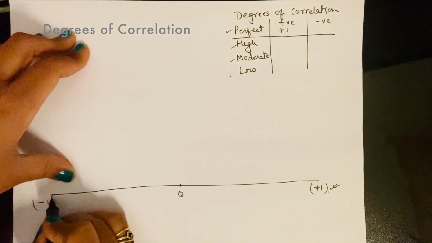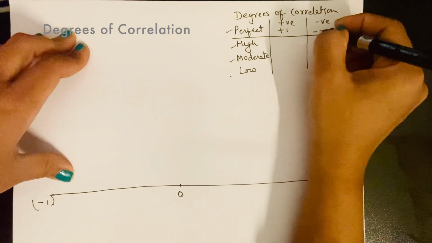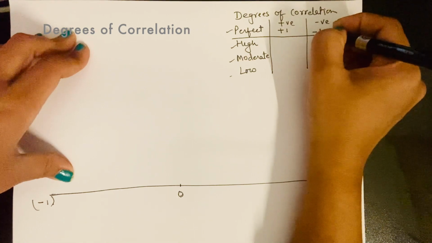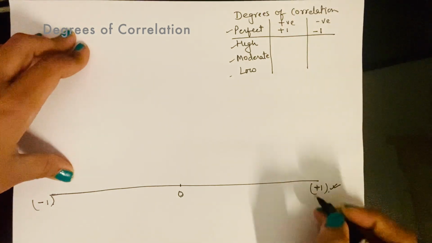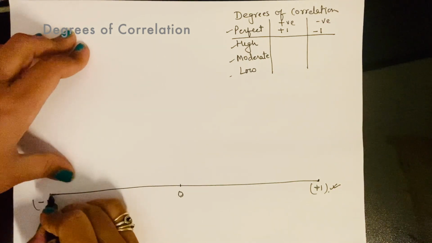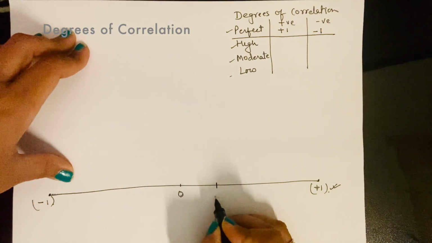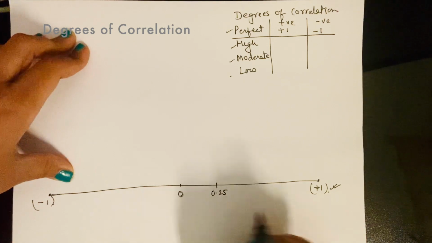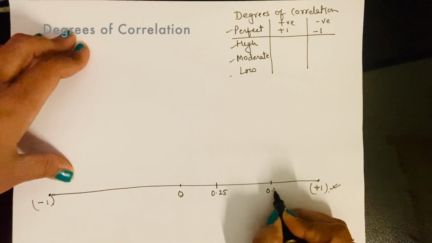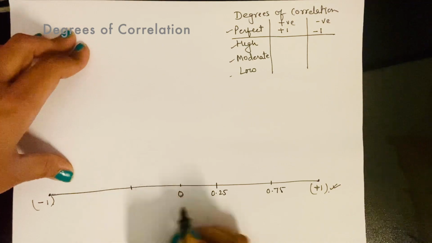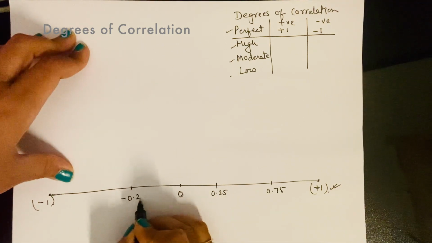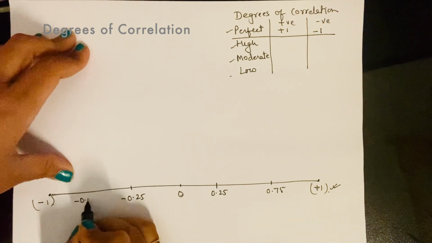When the value is -1, that becomes a perfect negative correlation value. So this is a perfect value. Now we'll divide the timeline into 0.25 and 0.75 towards the positive. Similarly, towards the negative, -0.25 and -0.75.